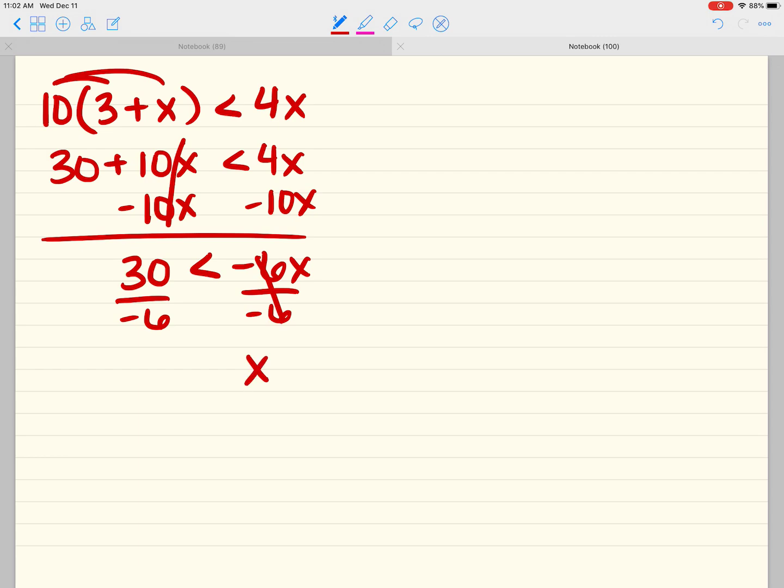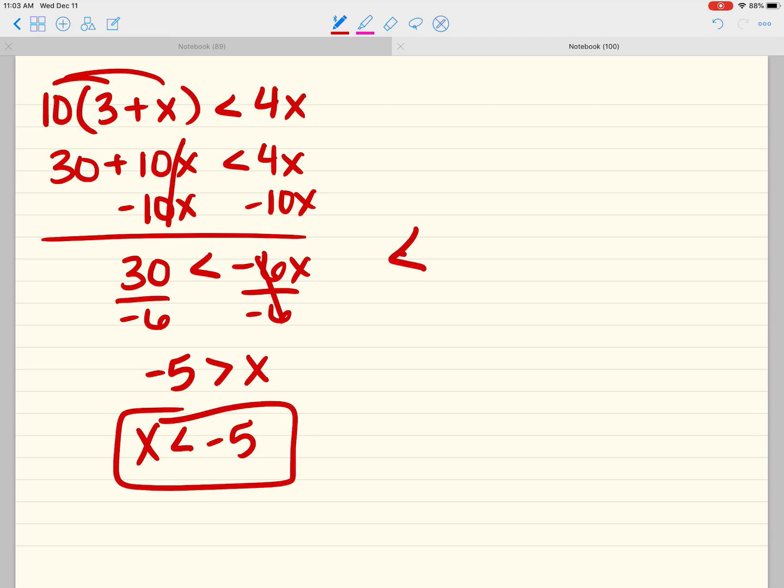You flip the inequality. Perfect. What's 30 divided by -6? -5. Is it okay for you to leave your variable on the right side? Yes. Will I always write mine on the left side? Yes. Because on this, it's going to ask you to graph on a number line, and it's a lot easier if your variable's on the left. So really, this is x is less than -5.